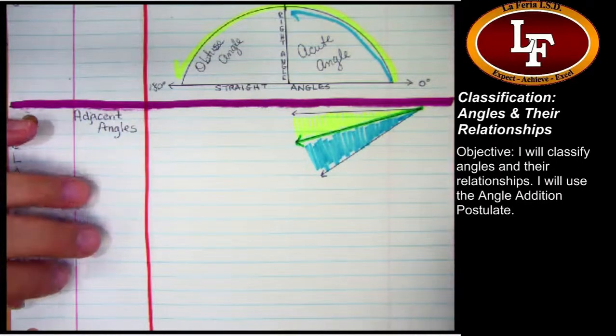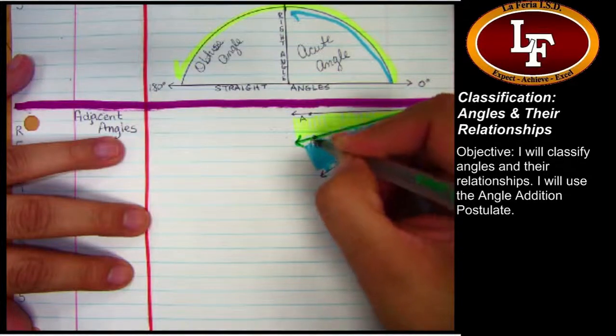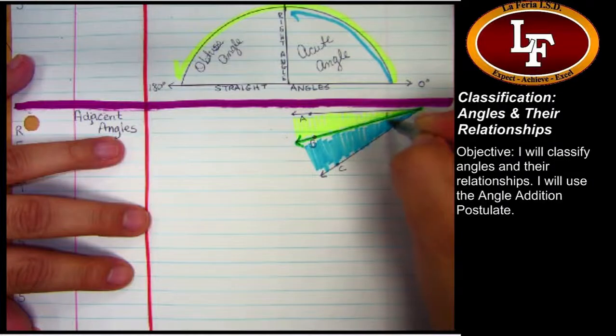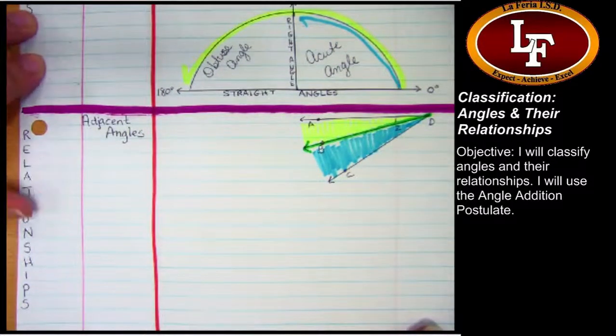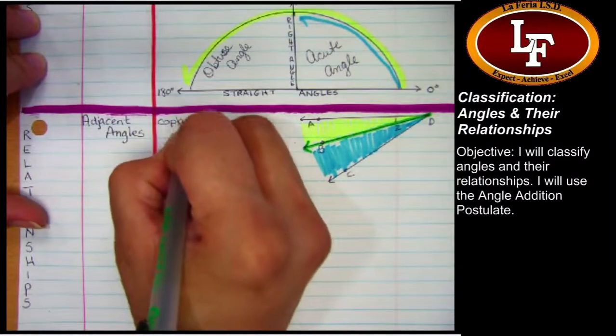That make sense? I'm going to throw some labels on here. There we go. And let's write that definition of adjacent angles right in this blank space I left.